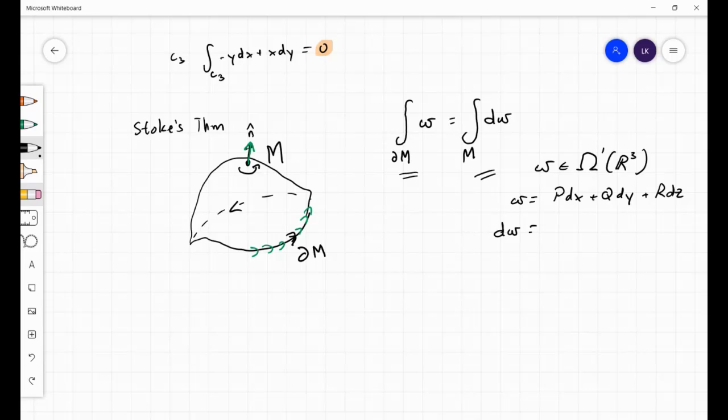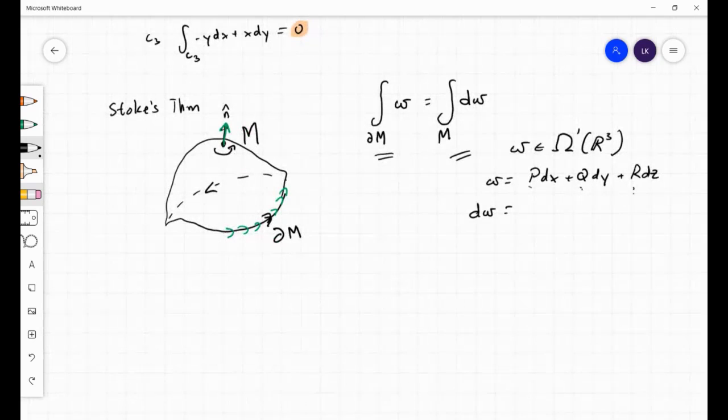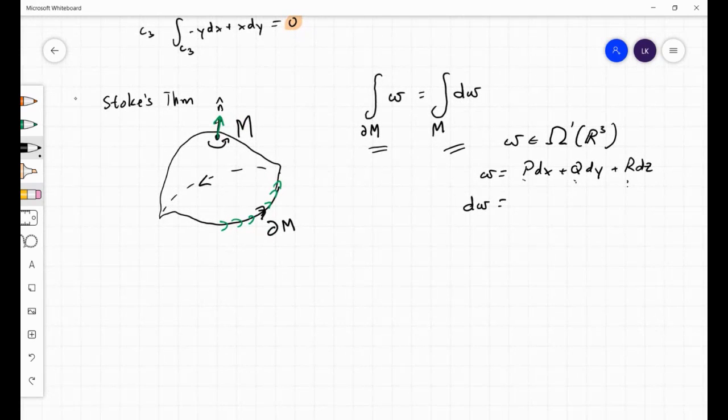So instead of doing the exterior derivatives, I would differentiate this with respect to x, y, and z, and then do the wedge products. Maybe I won't. You would get essentially something that is a two-form corresponding to the curl of that vector field.